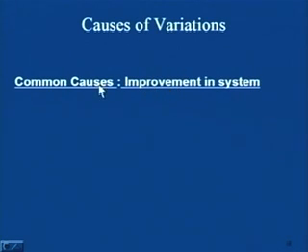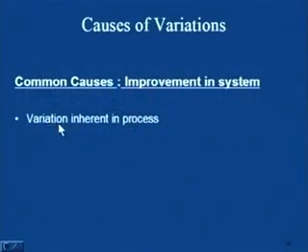When we remove such causes, we improve the system. Whenever we have to bring improvement in the system, we need to control the common causes. What are the common causes? This is the variation inherent in the process. That is why I mentioned that common causes are also called inherent causes.